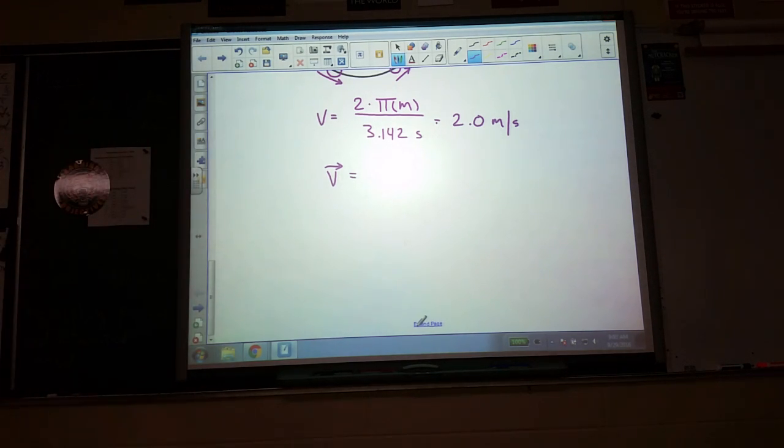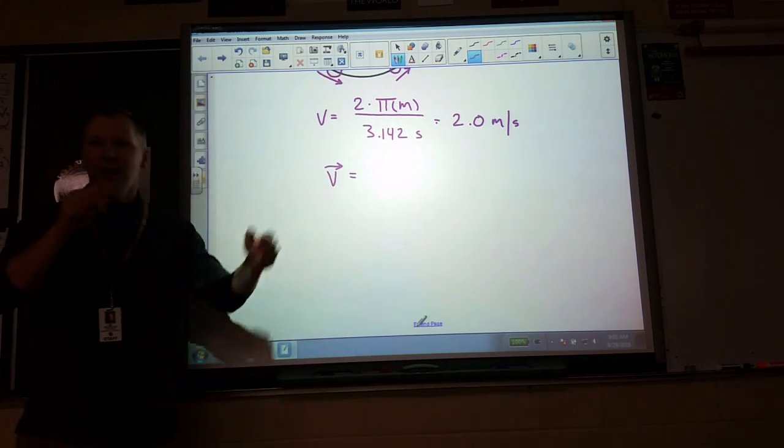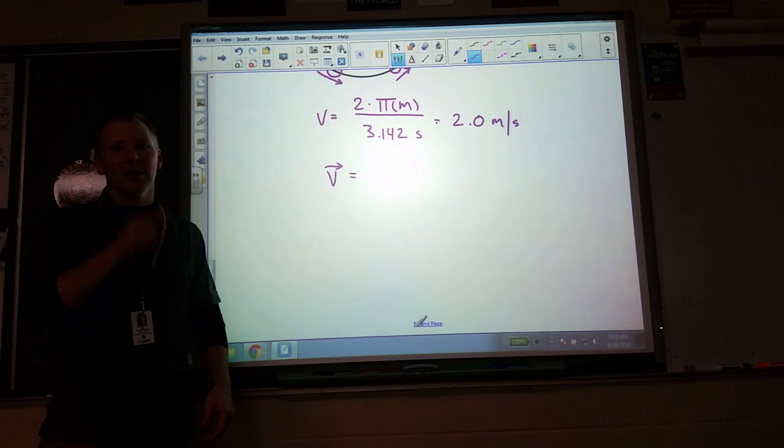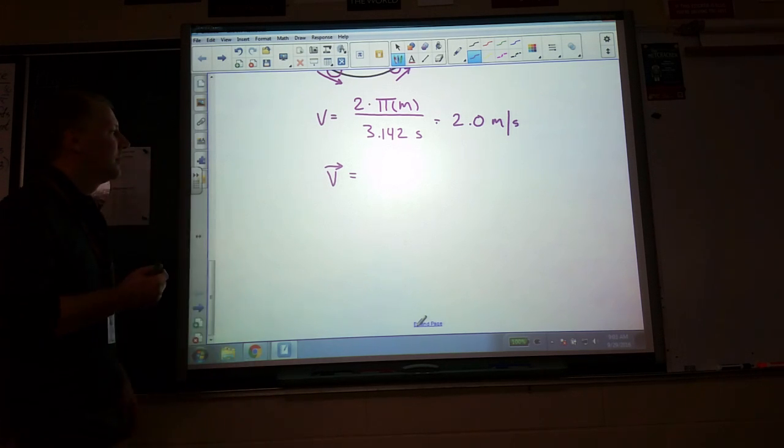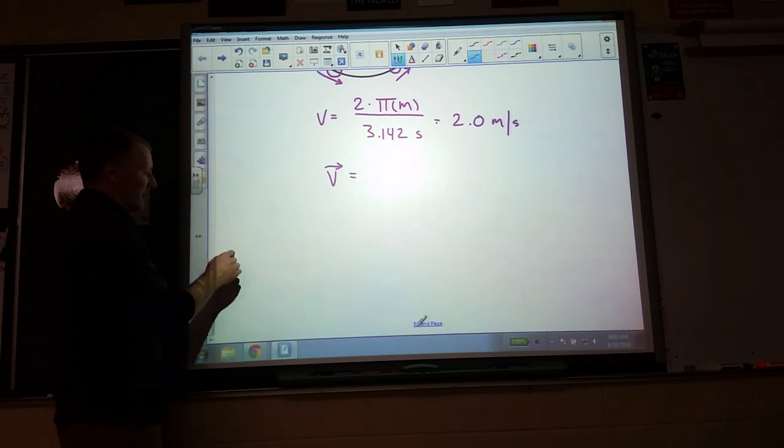Many times here we'll be talking about average velocity. We'll be looking at it over the span of a few seconds, and we just have to acknowledge that it could do different things during that. The last term we're going to talk about is acceleration.